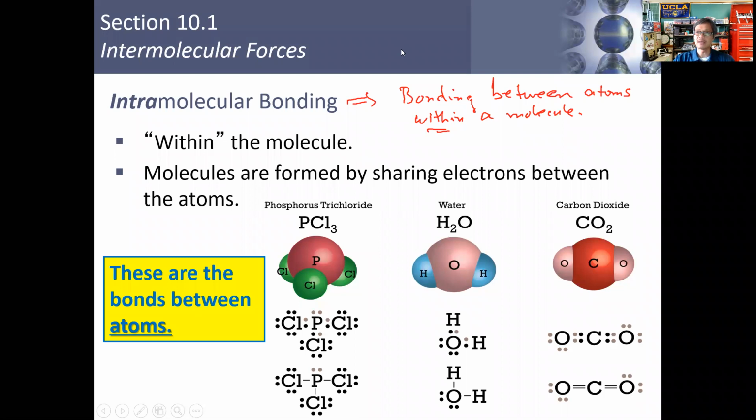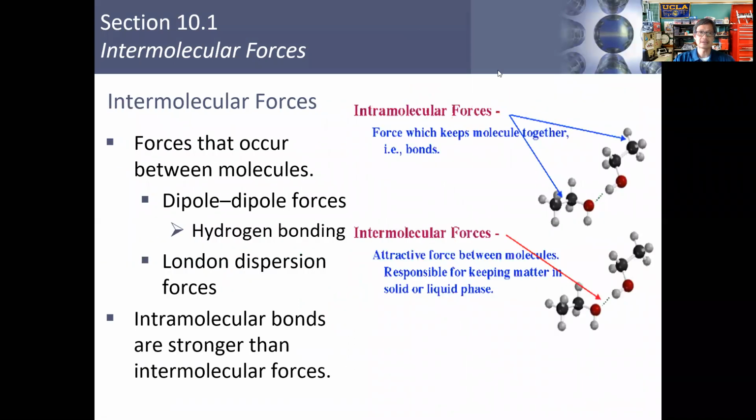So you want to make sure you keep that in mind as you move forward, because that will be different from what we refer to as the intermolecular interactions, which is the interactions between two or more separate molecules. Okay, and the key in understanding this is the prefix here, inter.